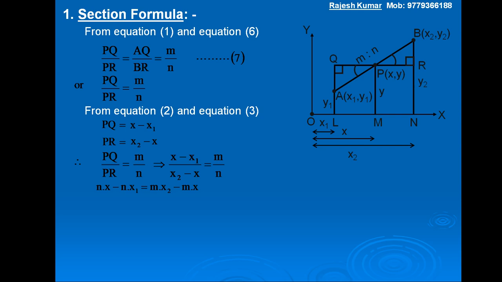Now by rearranging, taking minus mx to the left hand side, we get mx plus nx is equal to mx2 plus nx1. Now in the left hand side, take x common, so we get (m plus n) within the bracket into x is equal to mx2 plus nx1, or x is equal to (mx2 plus nx1) upon (m plus n).